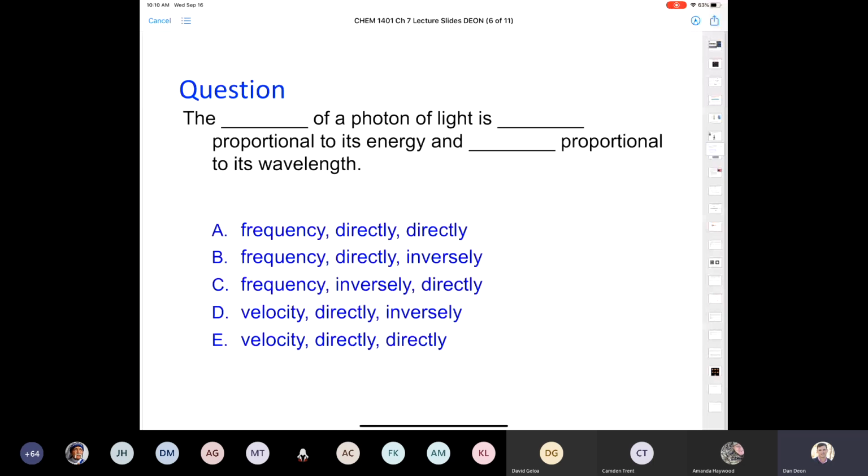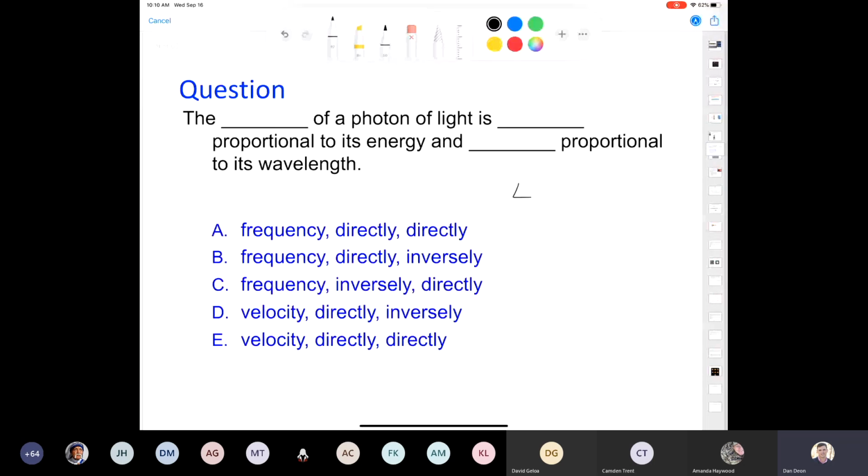It says here, the blank, either frequency or velocity of a photon of light, is directly or inversely proportional to its energy and to its wavelength. When we're talking about a photon of light, we're talking about the frequency of a photon of light, right? From our equations.